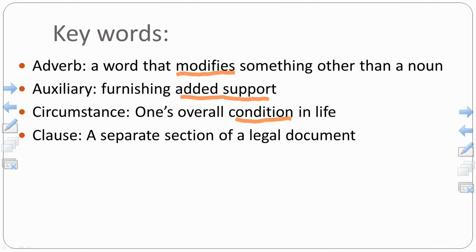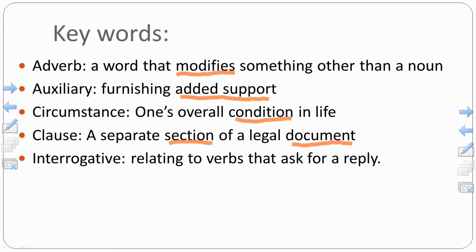clause. Clause, as we know, in grammar, but in legal terms it means a separate section of a legal document. Then interrogative. Interrogative means related to question and answer, relating to verbs that ask for a reply, which means it needs some answer. When we need some answer, we ask questions, right?